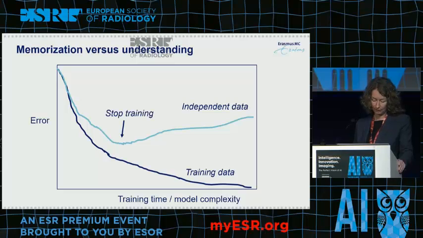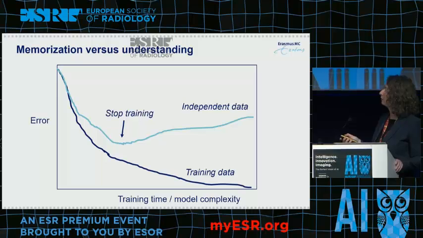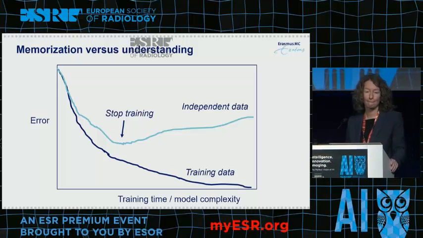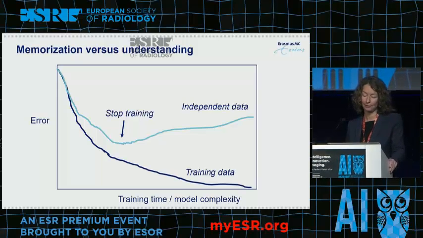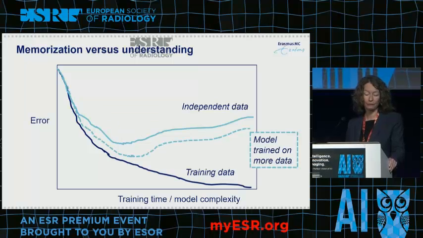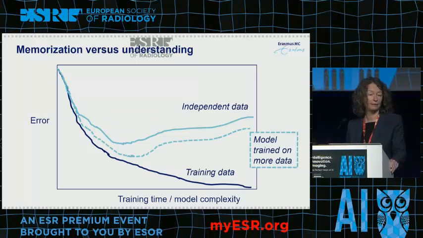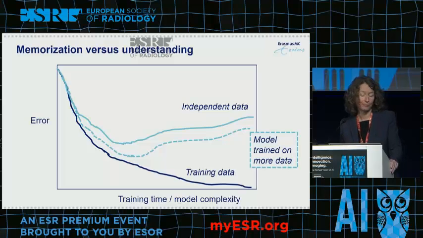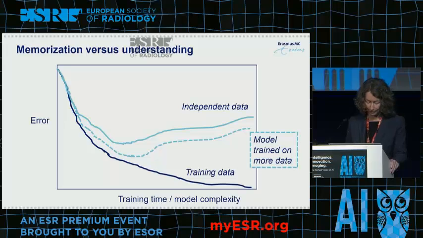So we need this independent data and then decide that here we want to stop training. We always need an independent validation set. Now, if we train on more data, then typically the point where you start making more errors on your validation data is a little bit later, and we can train the model until there and get better performance on new unseen data.